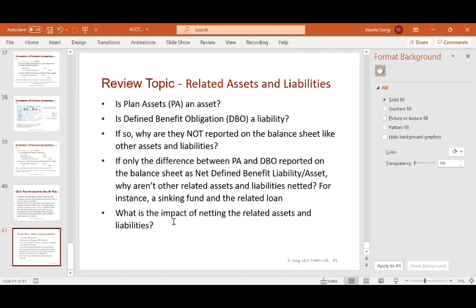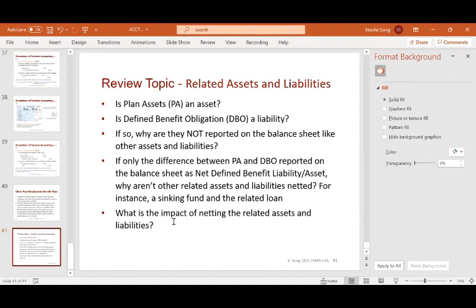You cannot use it for anything else. Really, what is the difference between that and having pension liabilities and plan assets? Plan assets are earmarked to pay that obligation. However, with the sinking fund, you do not net it. The cash is included in your assets, and the loan that's going to be paid off is in your liabilities.